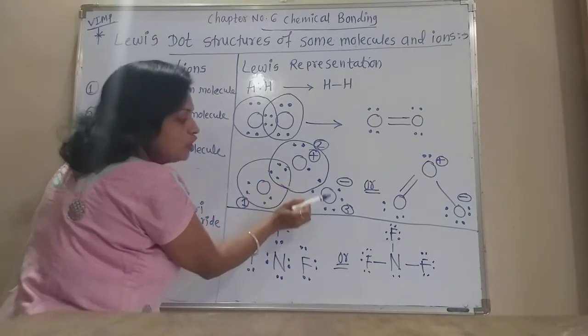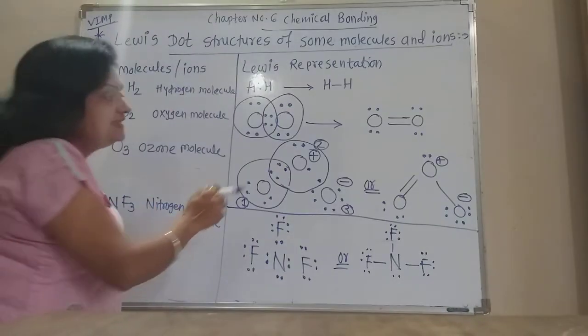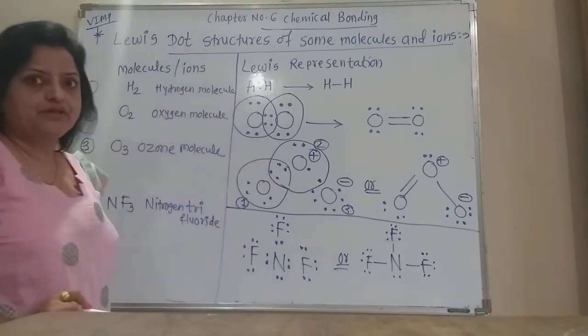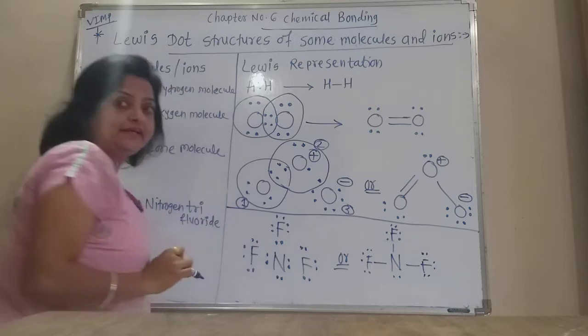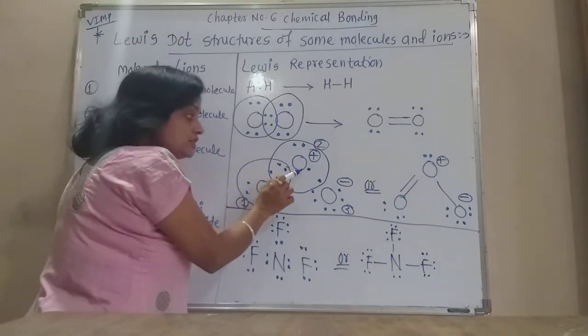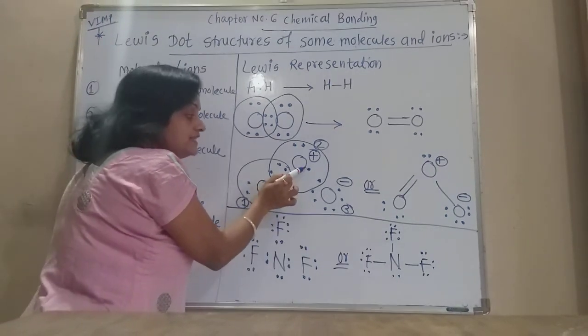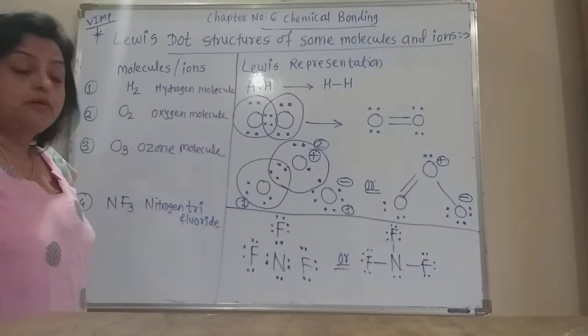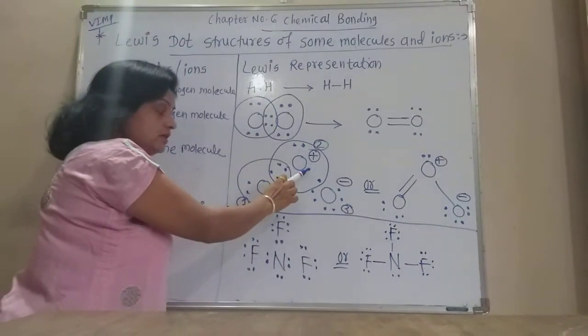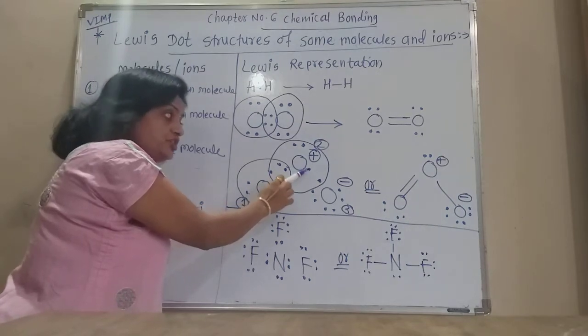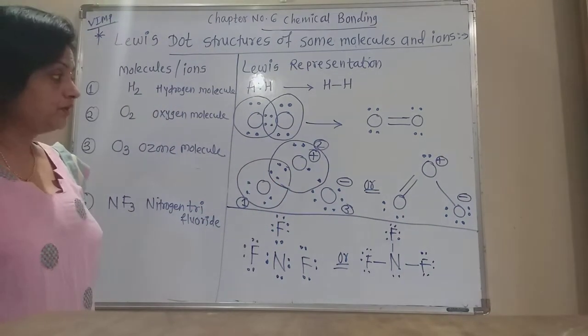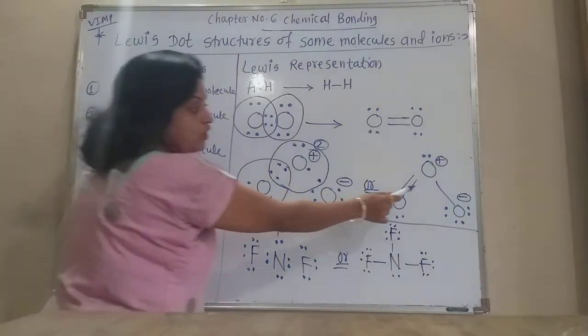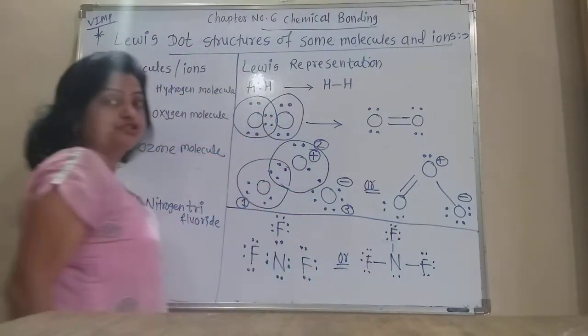This electron is not of the third oxygen, this is of the second oxygen. It completed its octet, but it gives both its electrons for this single bond. So the positive charge comes on it, because only this one oxygen shares both of the electrons for the single bonding between the second and third oxygen.